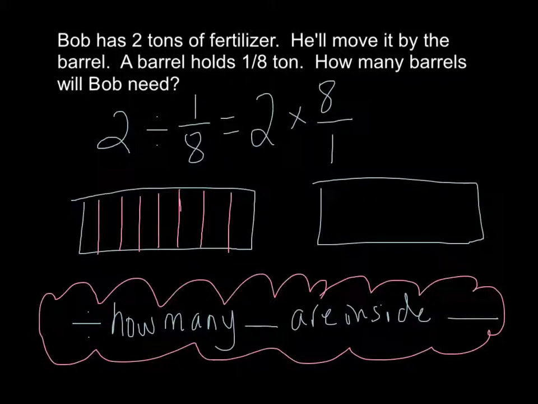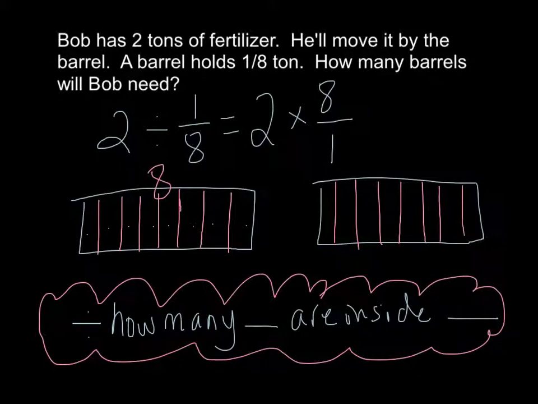Okay, so that's 1 ton. And if I break it into eighths, that's 1, 2, 3, 4, 5, 6, 7, 8 barrels for 1 ton, which of course means, and I can draw it out, or I can just follow that pattern, that the other ton is also going to require another 8 barrels, meaning we're going to need 16 barrels.